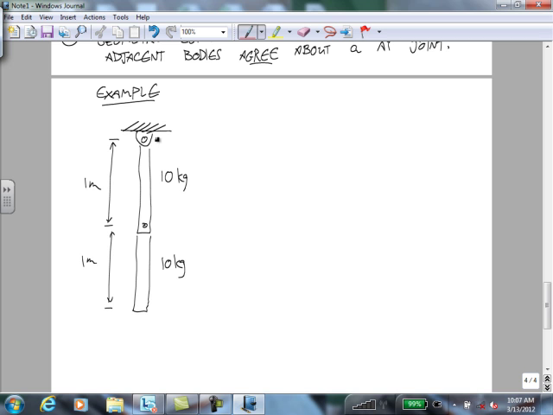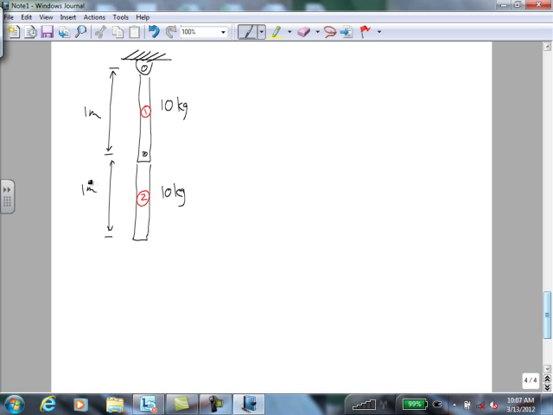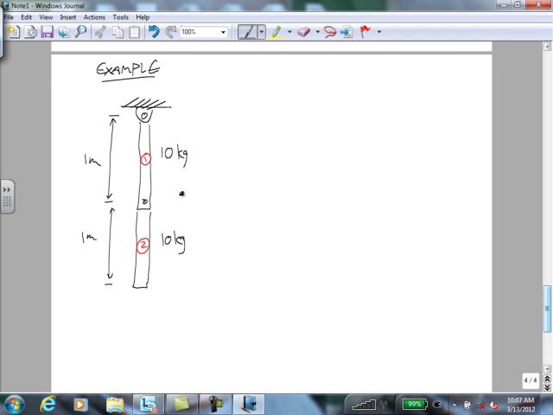We'll call this one member 1 and this one member 2. And let's say at this instant, the bodies have no angular velocity, so they're hanging there at rest.